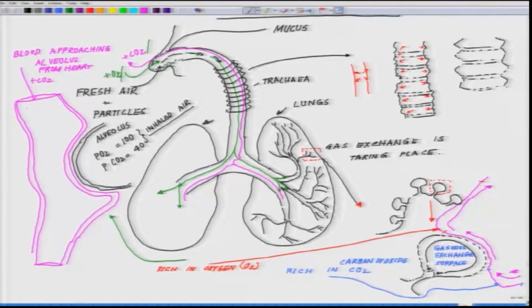The pulmonary artery is bringing it, and this has partial oxygen pressure of 40, whereas partial CO2 is 45.